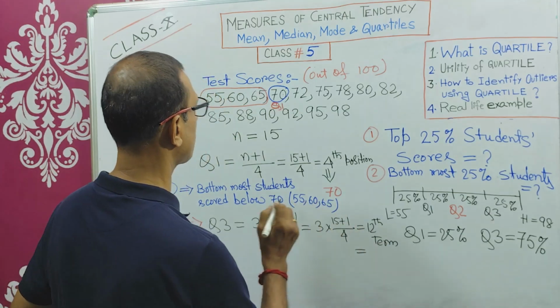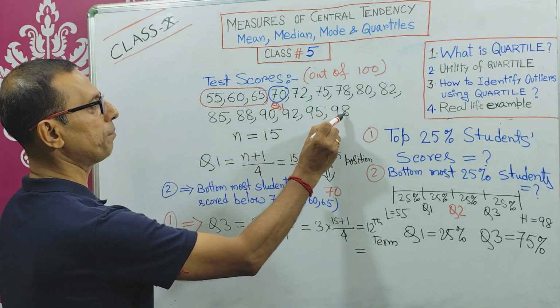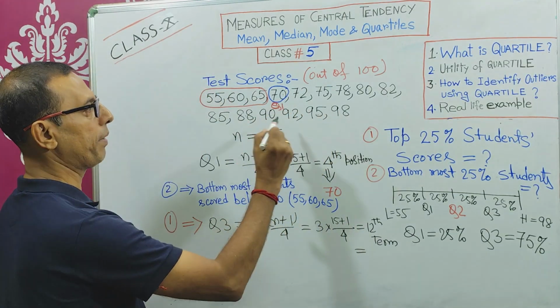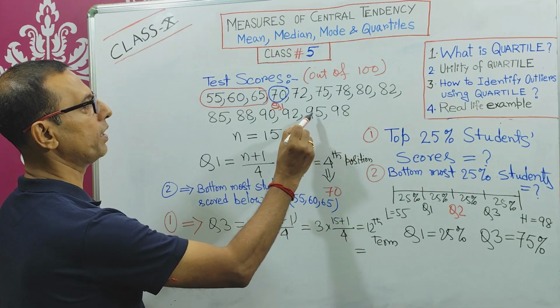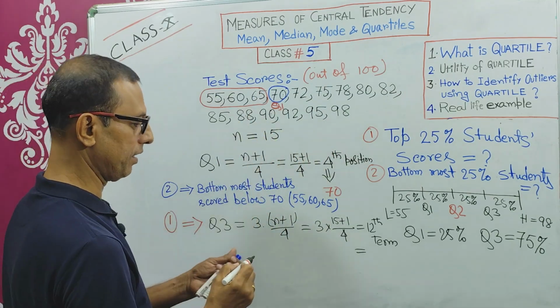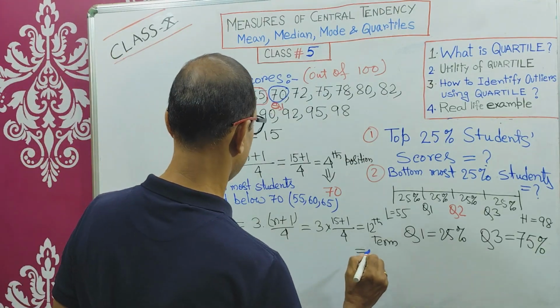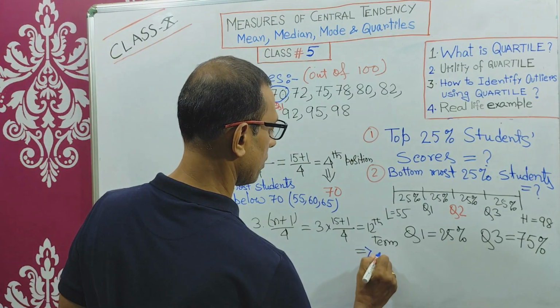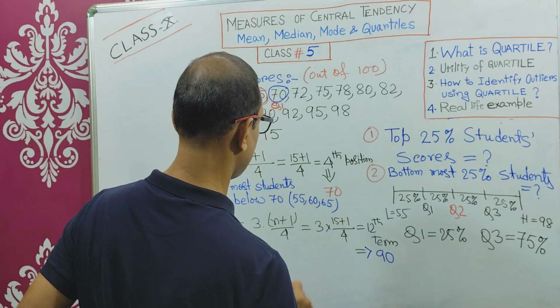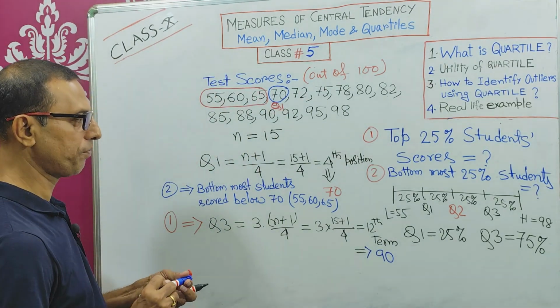So what is the 12th position? Just back calculation: 15, 14, 13, 12, 90. 90 is Q3, the value of Q3.